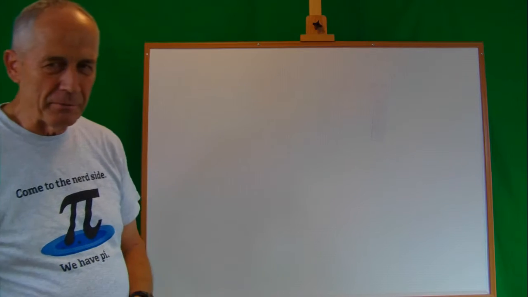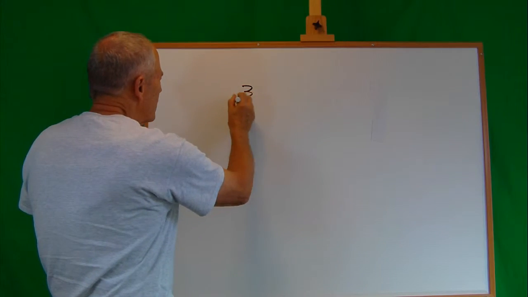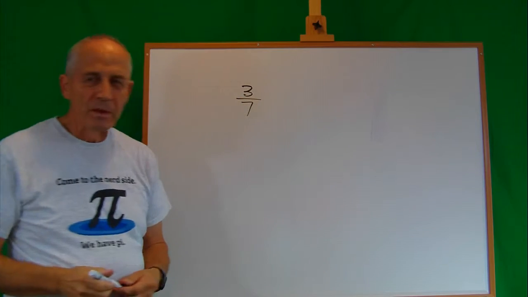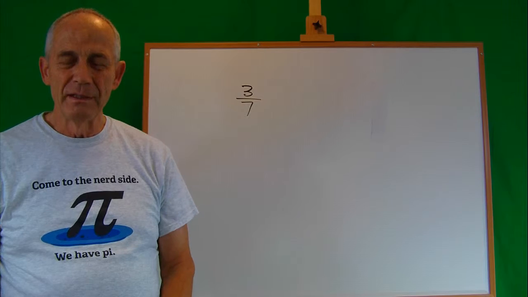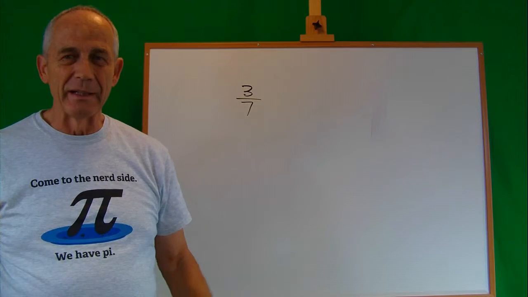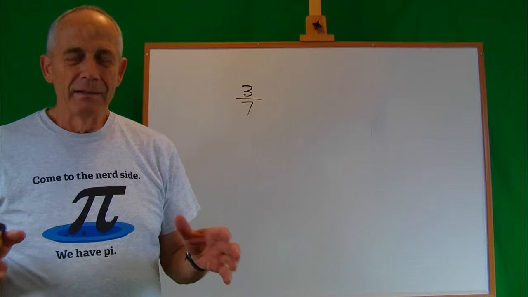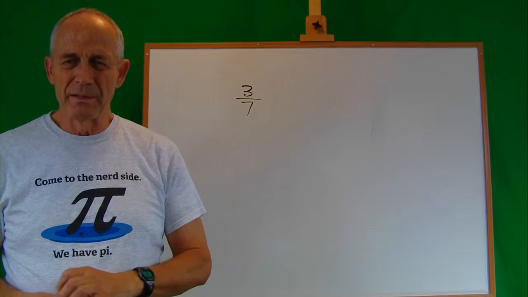Let's take the fraction, for example, 3/7. When you look at that fraction, what do you see? Every time I ask the students that, they kind of hem-haw around, trying to figure it out, and they really don't understand what it is.